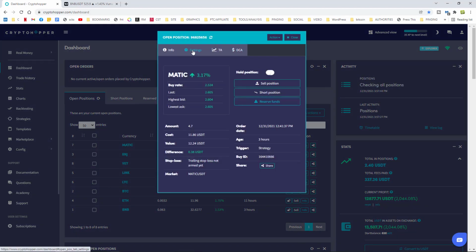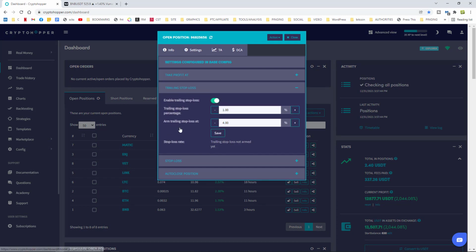Now, if I click on settings here, the trailing stop loss, currently I've got this set to 4%, activate at 4%. So each position has got to get to 4% before the stop loss is armed. And if it drops 1%, so if it goes from 4% profit down to 3% profit, the bot goes, oh, we're tanking, sell now. So I get my 3%.